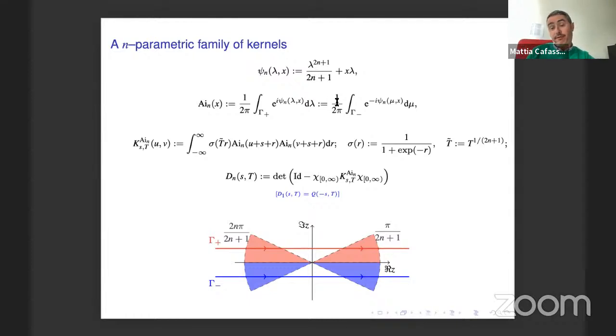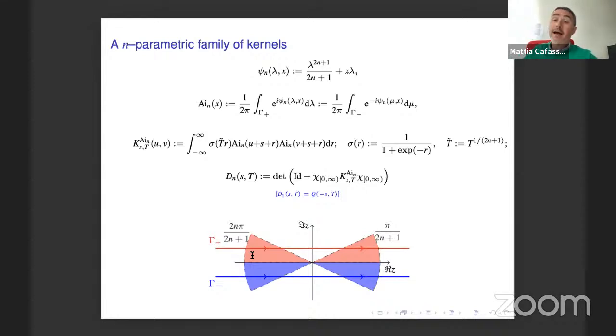And we define a higher order analog of the Airy function as this contour integral on some contours gamma plus and gamma minus that are written here. Okay, so these are higher order Airy functions.